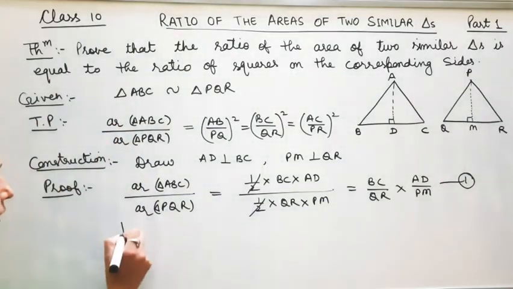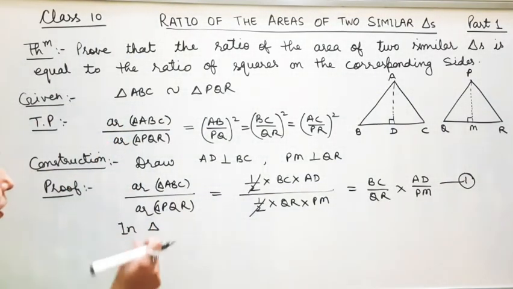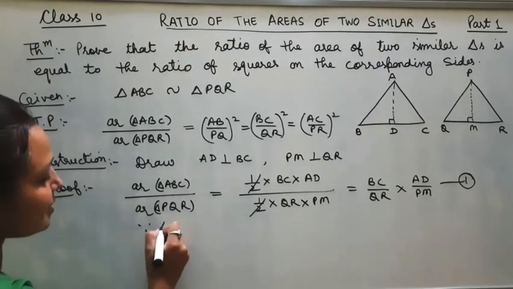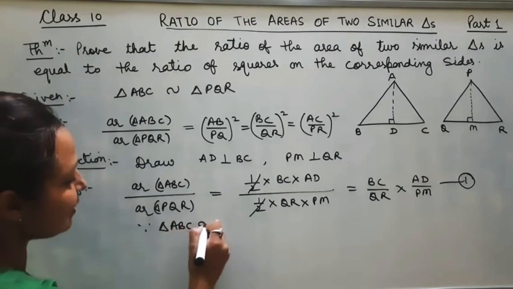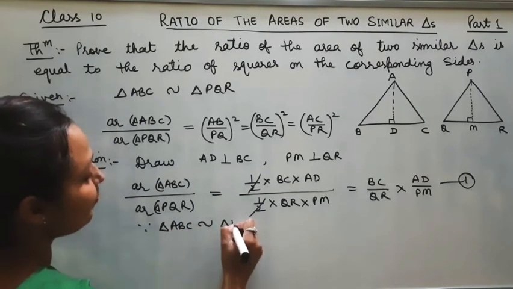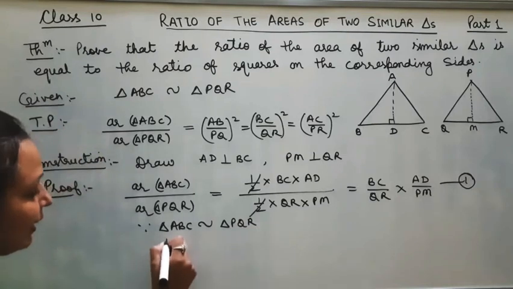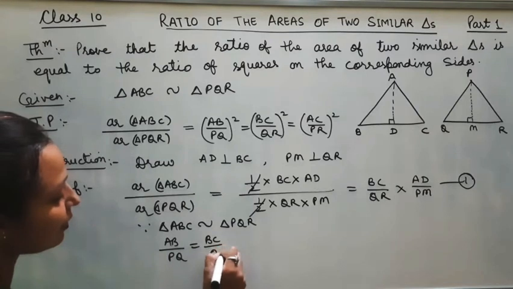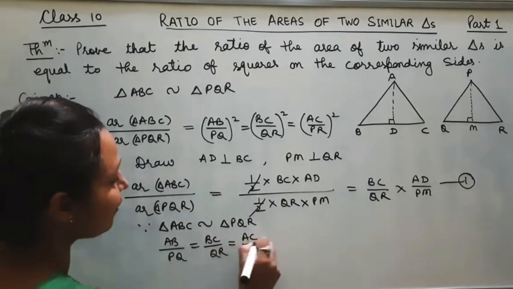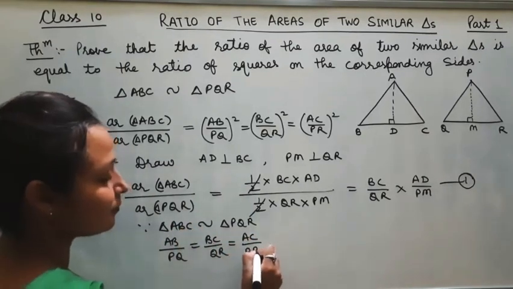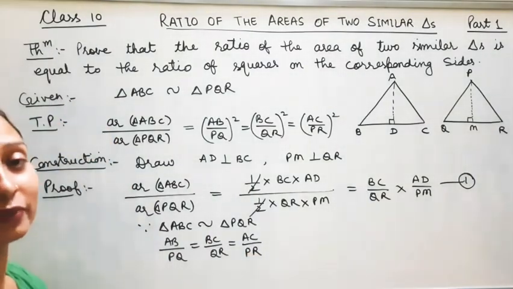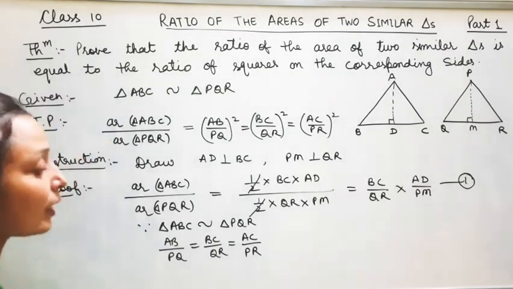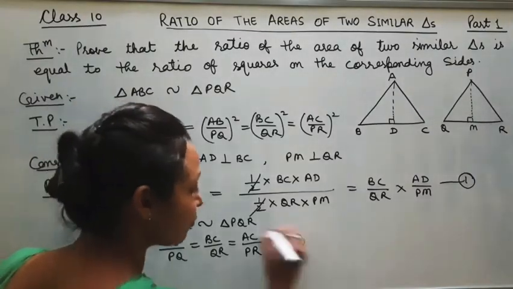Now, because triangle ABC is similar to triangle PQR, that means AB upon PQ is equal to BC upon QR is equal to AC upon PR. These are the three proportionalities by taking the similarity. Name it as equation number 2.